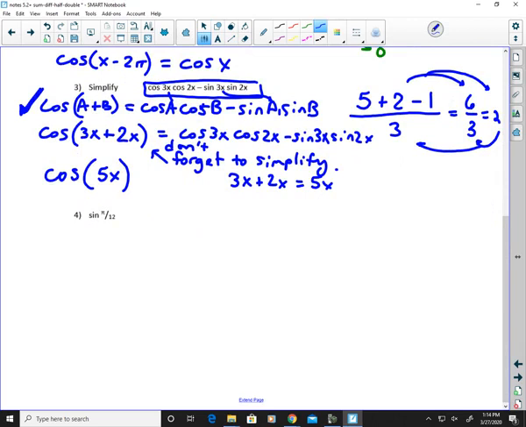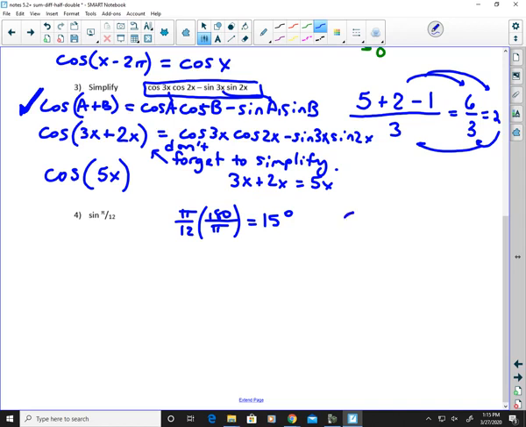Last one. Might be helpful to find out what pi over 12 is in degree measure, just to be able to know that it is actually 15 degrees. How to make 15 degrees using sum and difference formulas, I would suggest, well, you have 2 choices.